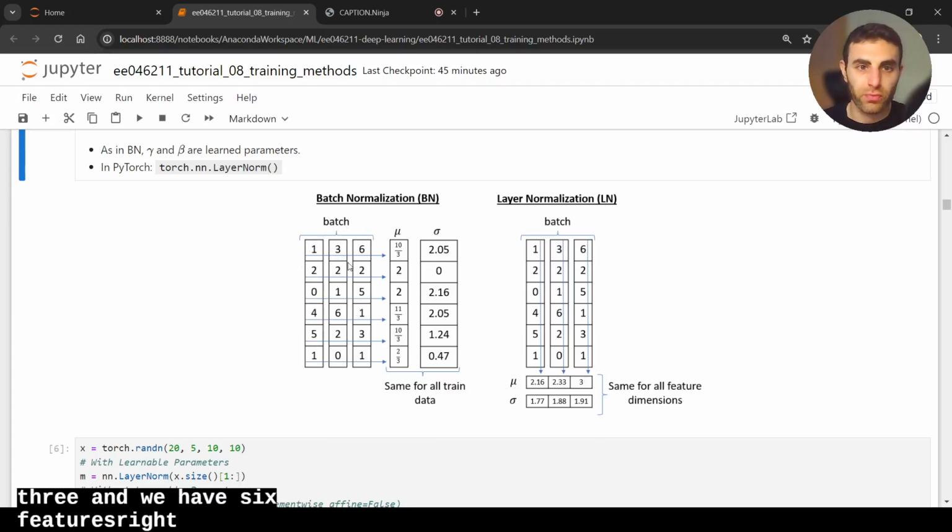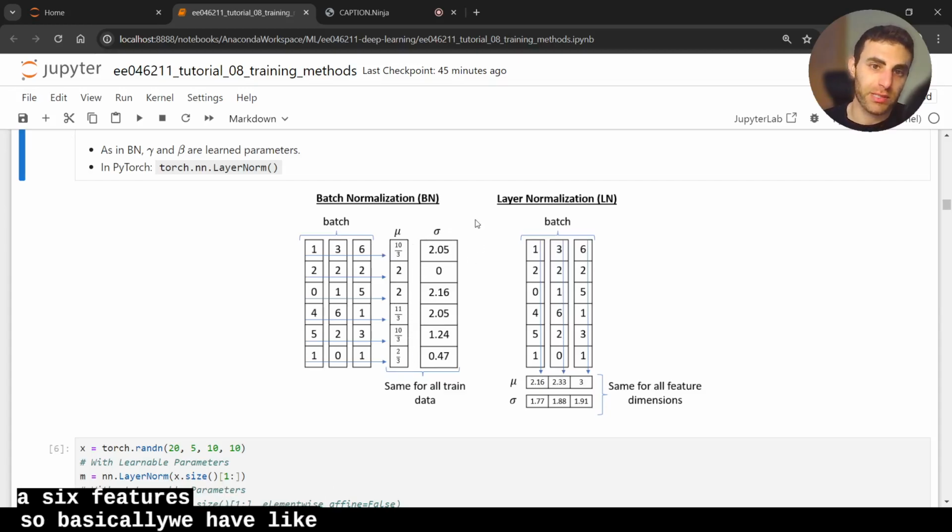Batch norm will calculate the mean and sigma for each feature over the batch dimension, as we can see right here. This means that mu and sigma are the same for all the training data, because mu and sigma are of the same shape as the feature dimension. So if you have 6 features, then mu has 6 features, and sigma also has 6 features. Basically, we have a mu and sigma for the entire data.